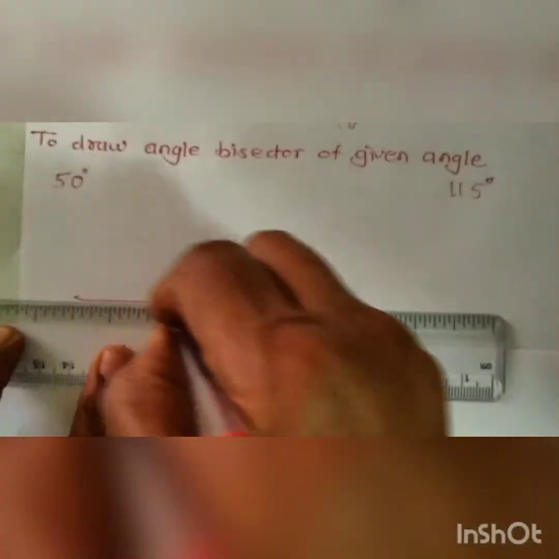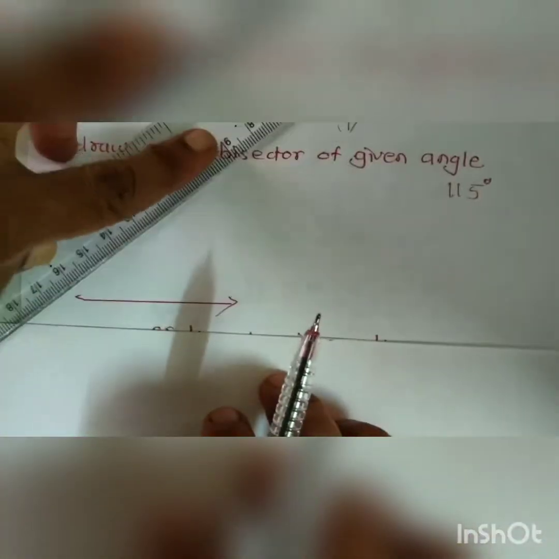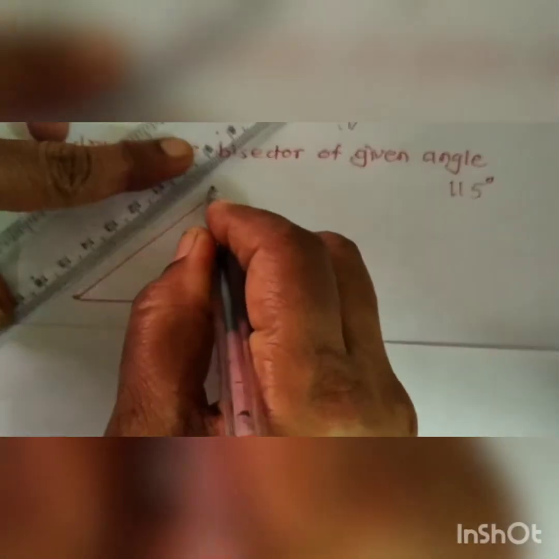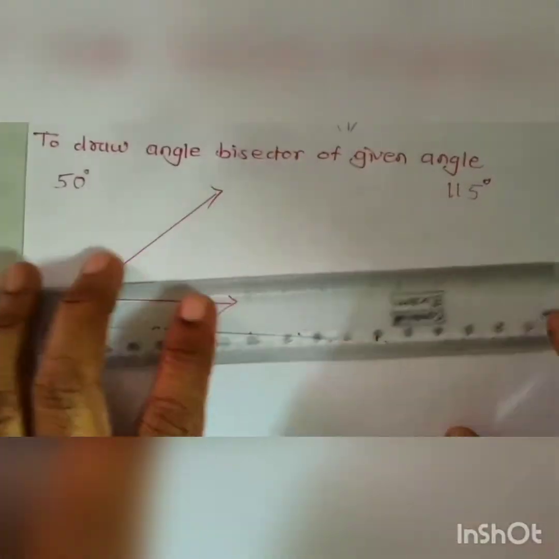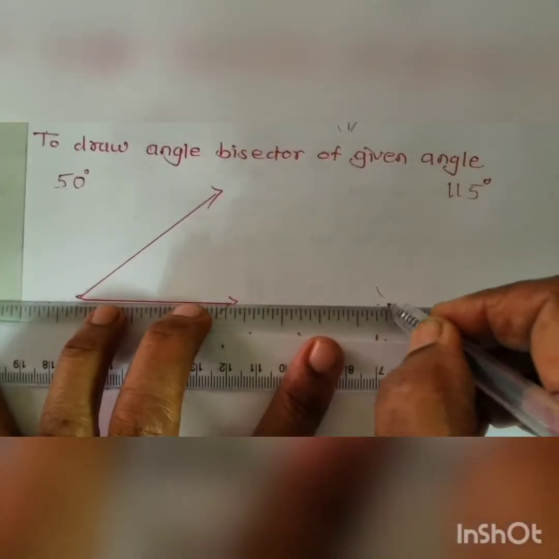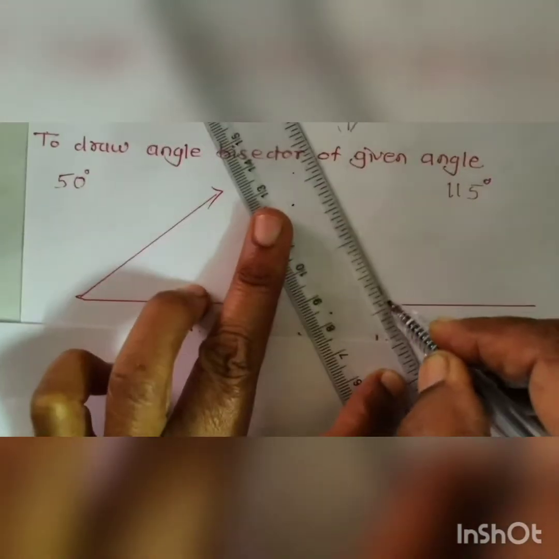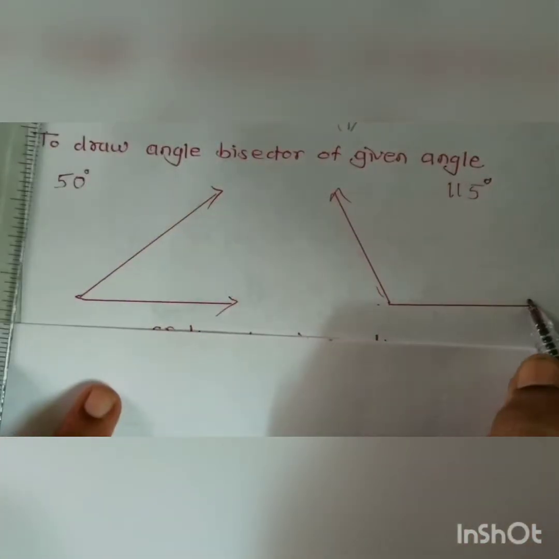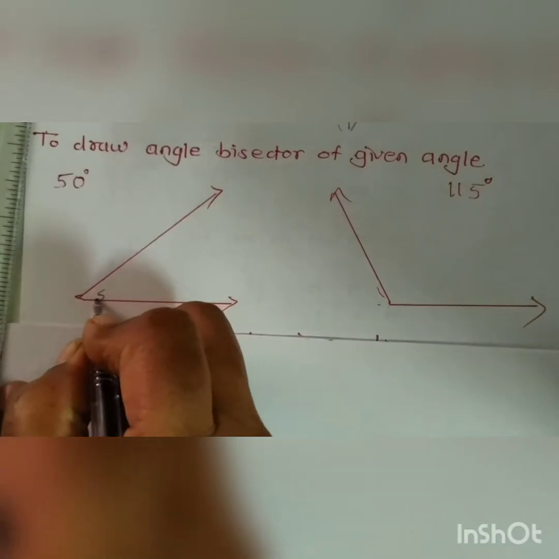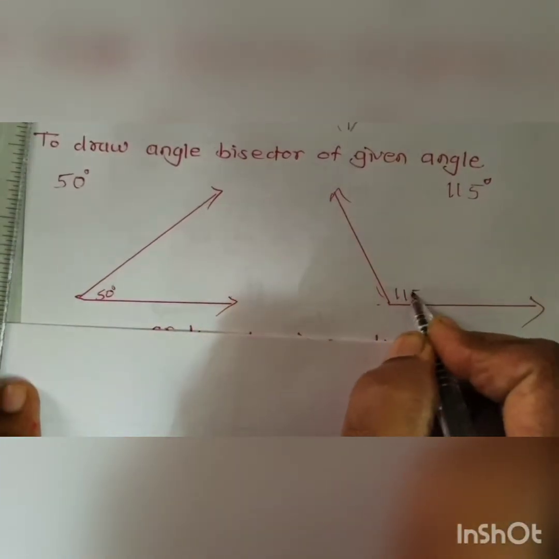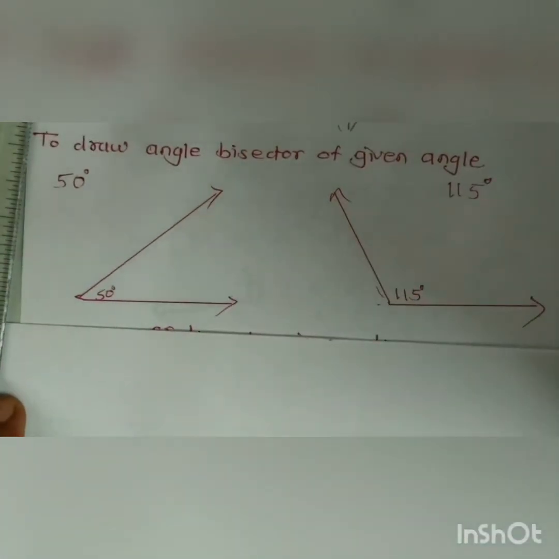Suppose this is the angle of 50 degrees. You can measure this angle by protractor. You have to learn only the construction of the bisector. This is the angle of 115 degrees and this is 50 degrees. Now we have to bisect these angles.